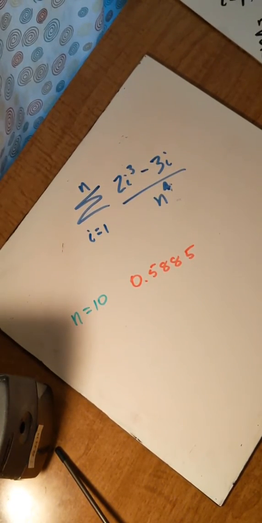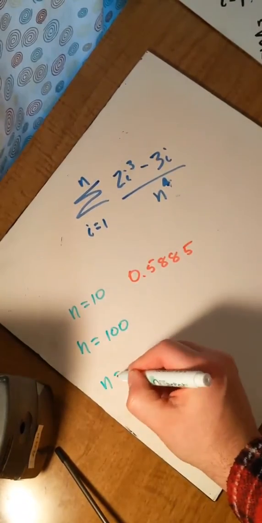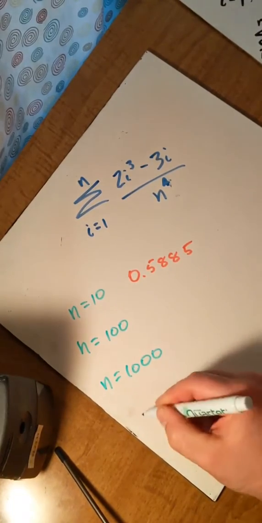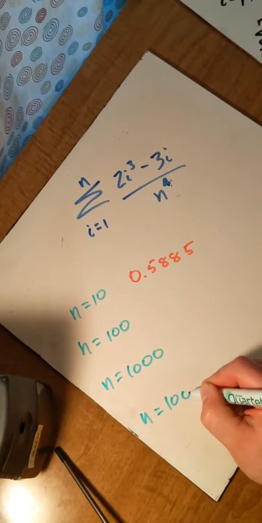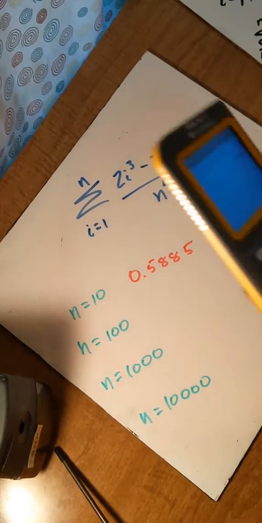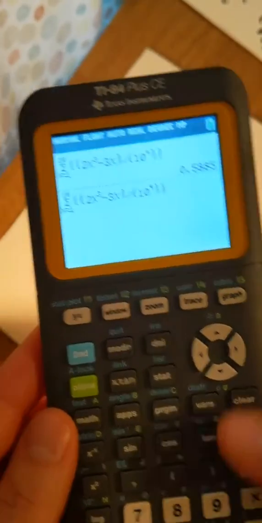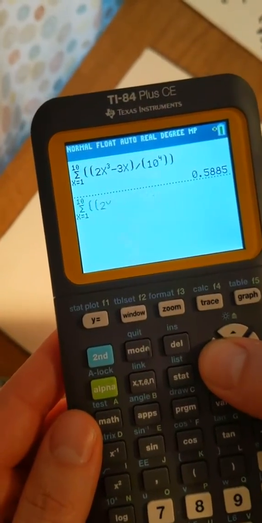Alrighty. The next problem, they want you to do the same equation, but now make n equal to 100. And the next problem after that is 1,000 and 10,000 after that. So remember to type in an answer again. We press second enter. We get that equation back up.